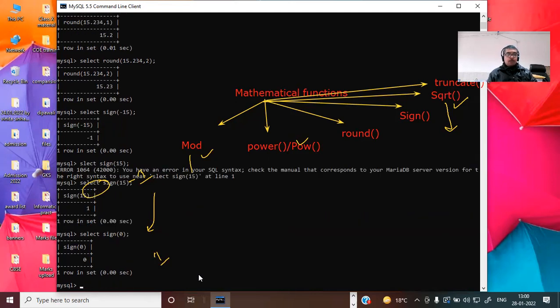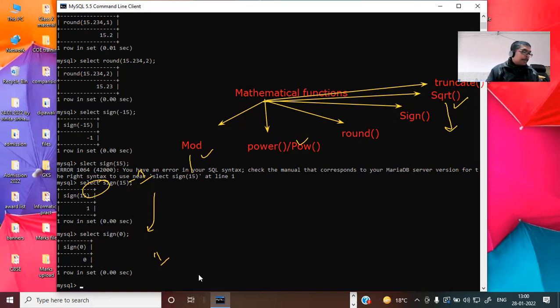It will give 0. So sign returns -1 when the given number is negative, 0 when the number is 0, and +1 when the number is greater than 0. So this was all about the sign.